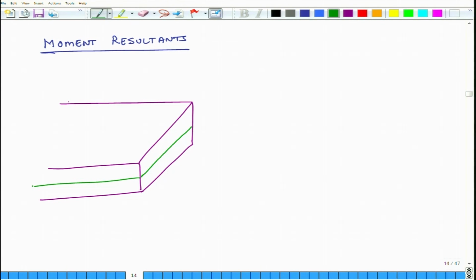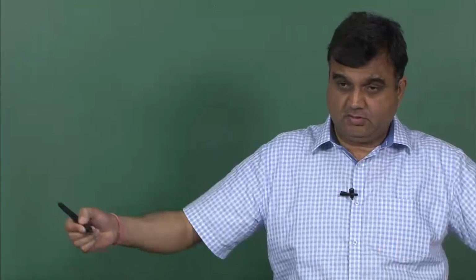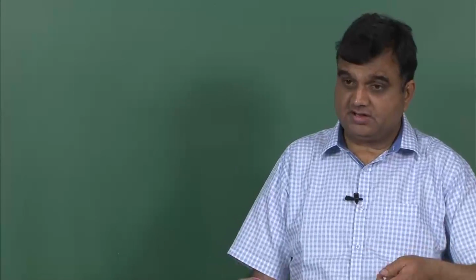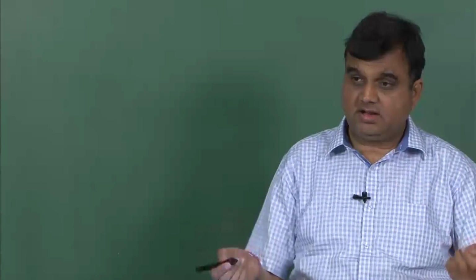And if I am having stresses in the x direction, let us say this is sigma x, what will that stress do? It will try to bend the plate up or down. It will not only try to pull it, but if it is off center, then it will also try to bend it up and down.